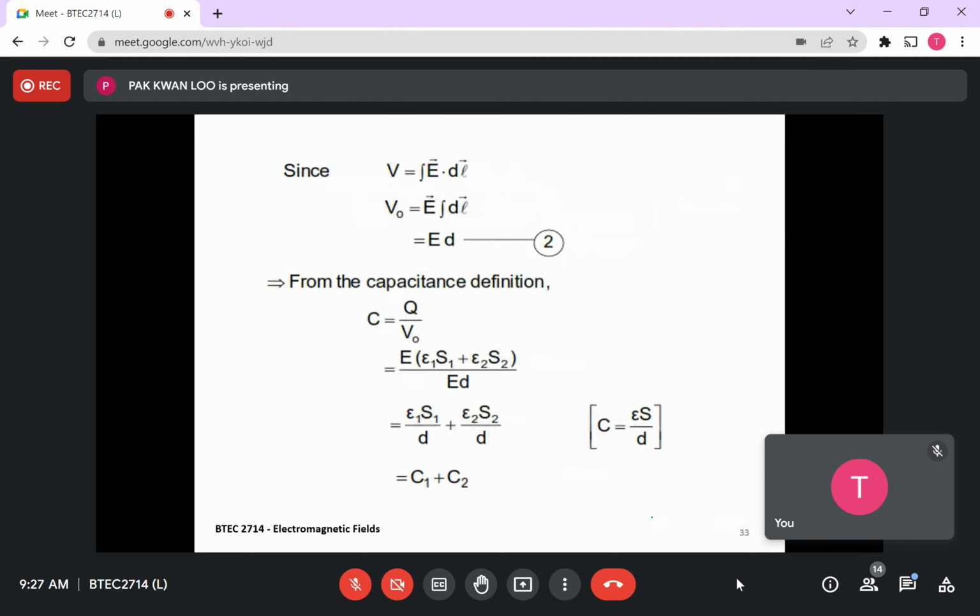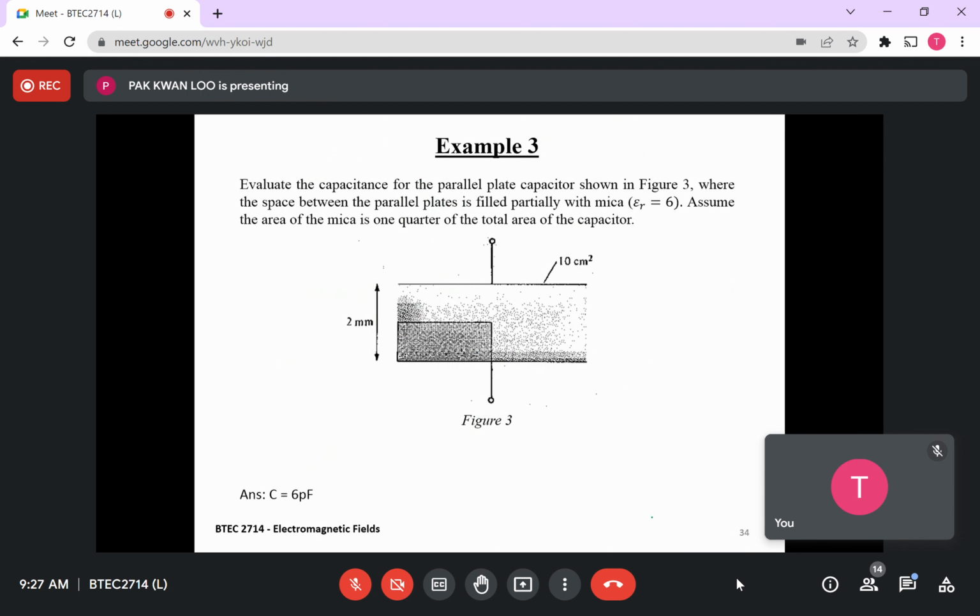Okay. So we'll go through one example. Evaluate the capacitance for the parallel plate capacitor, where the space between the parallel plates is filled partially with mica, with relative permittivity of 6.